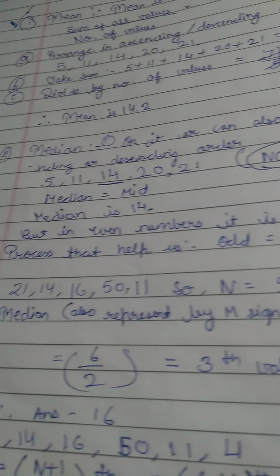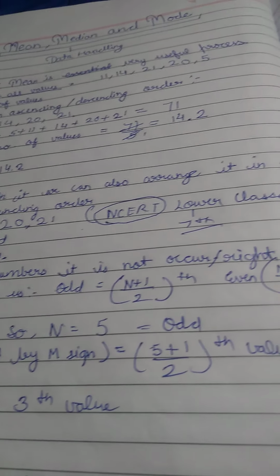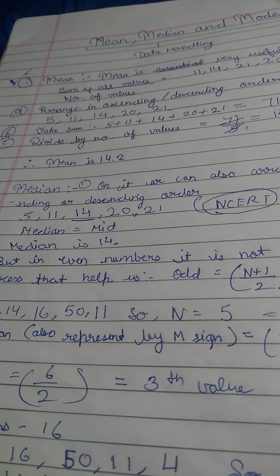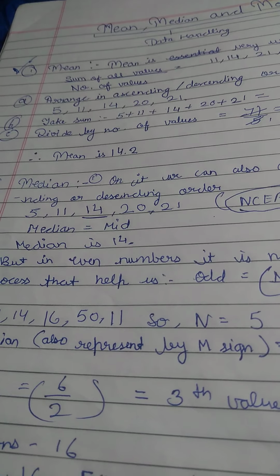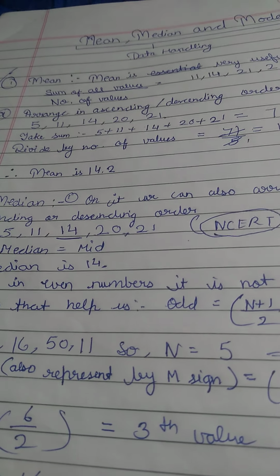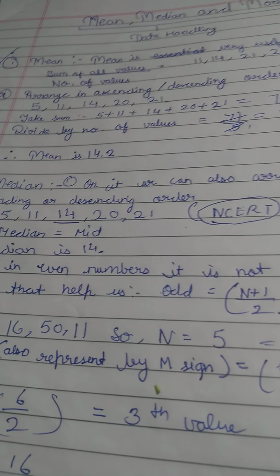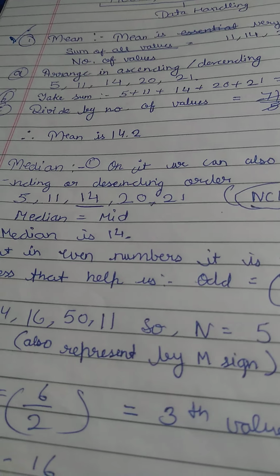Now we learn about median. Here we can also arrange the numbers in ascending or descending order, like 5, 11, 14, 20 and 21. According to the NCERT books of lower classes, class 7th and 8th, the middle number is the median.